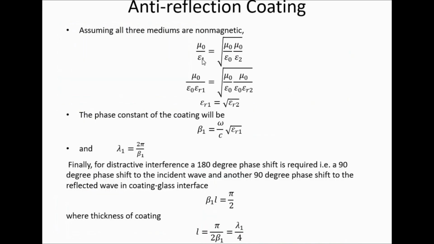So for anti-reflecting coating, sometimes we might ask you to find the permittivity of the anti-reflecting coating substance, and we need to find the thickness of the coating. The thickness of the coating will be lambda over 4. And you can find the relative permittivity by using this formula.